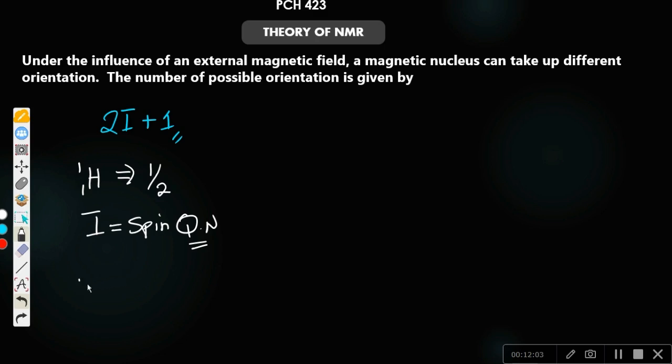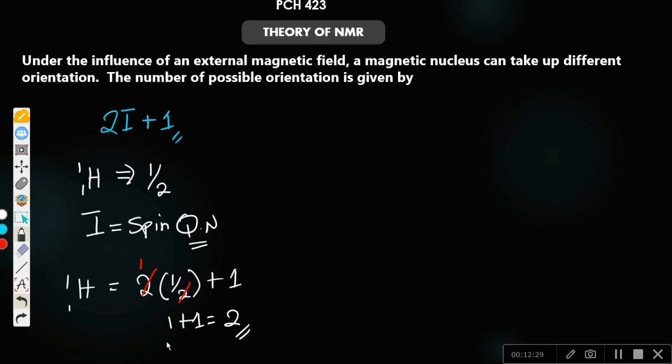For proton, this will be 2 times 1/2 plus 1. At the end of the day, these two cancel, you are left with 1 plus 1. That will give us 2. So there are just two possible orientations for proton.